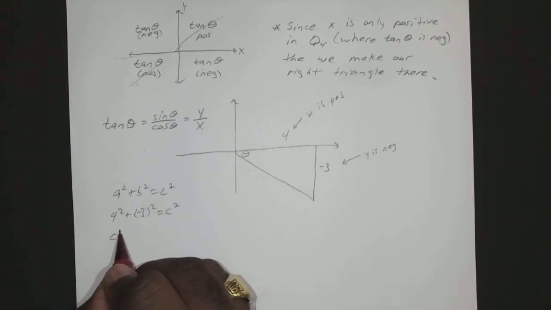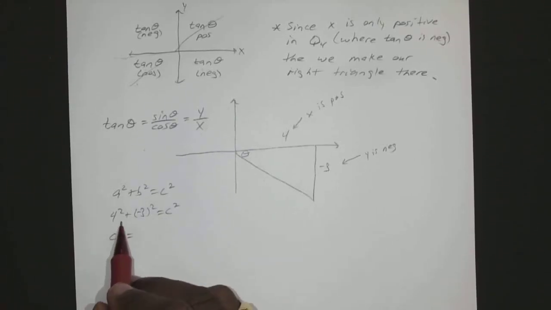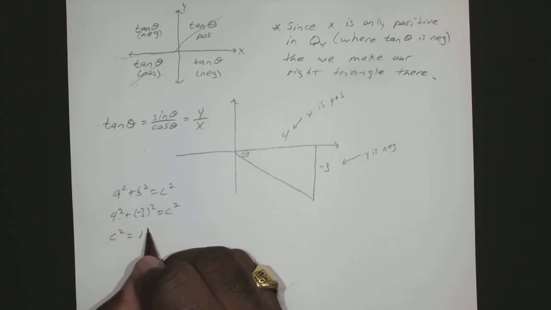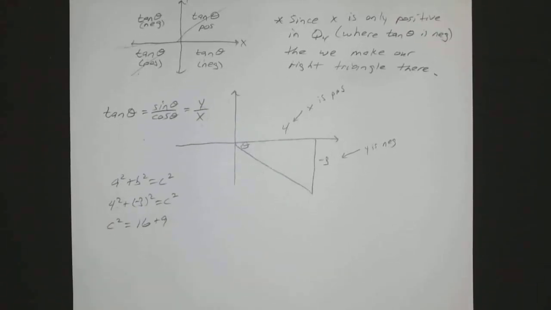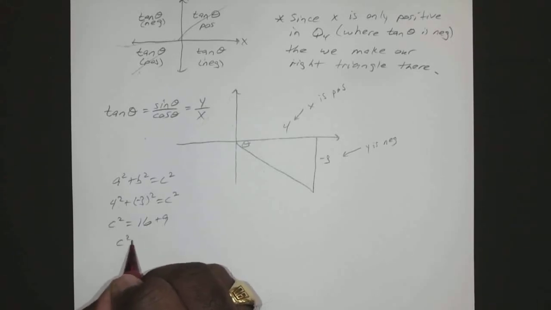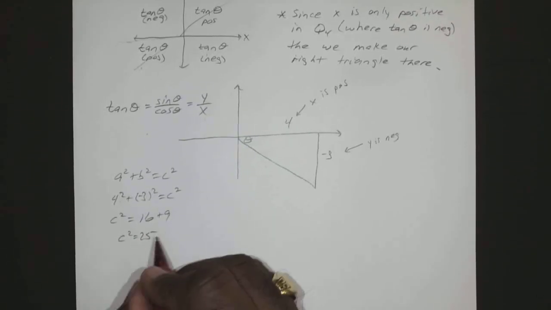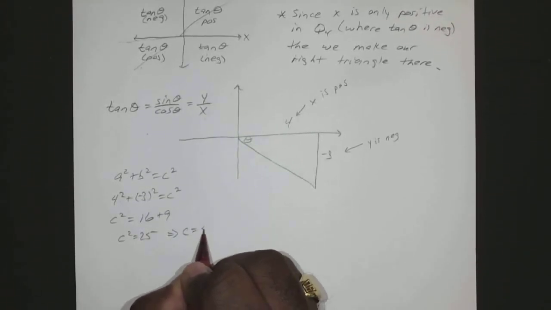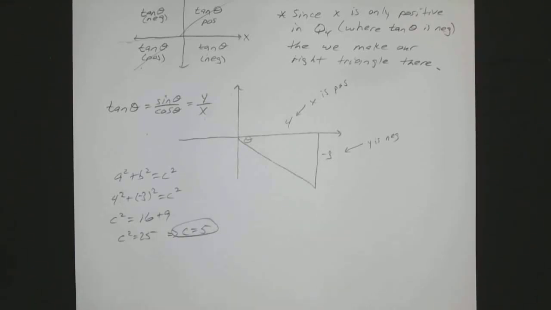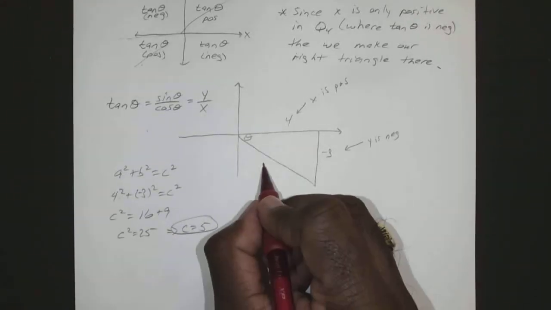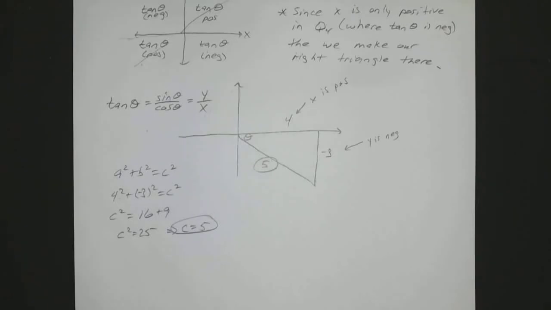So c squared equals 16 plus 9. So c squared equals 25, which means your c is equal to 5.